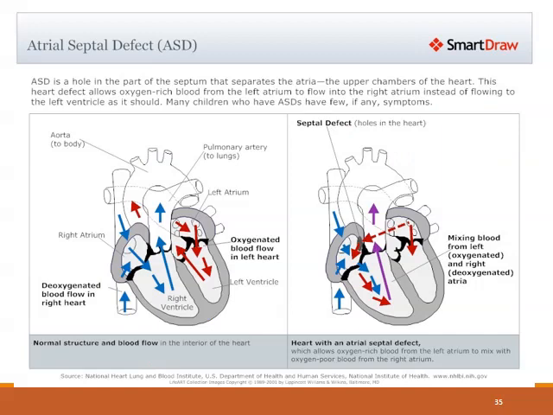And this slide just goes into more detail. You have the mixing of the blood because of the septal defect.